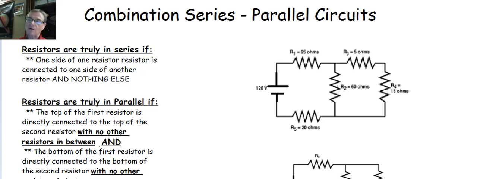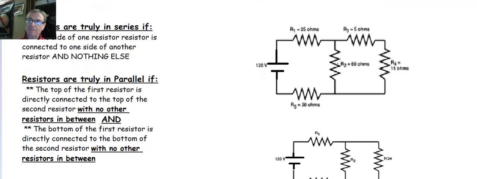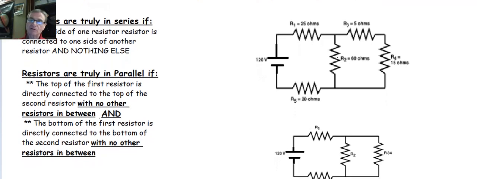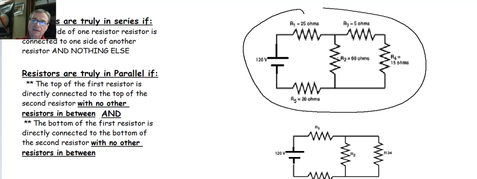So up on the top here, we have a parallel series circuit. This one here is a combination circuit. How do I know it's a combination circuit? Well, first of all, I know that it's not just a series circuit because the definition of a series circuit is there's only one path for current to flow in.